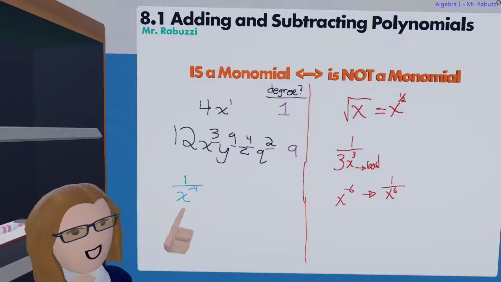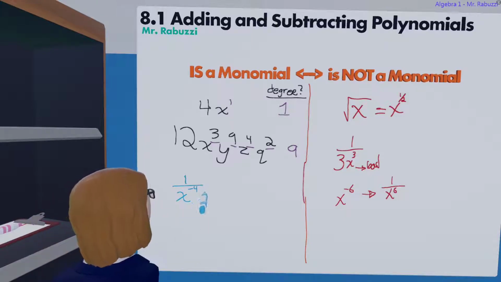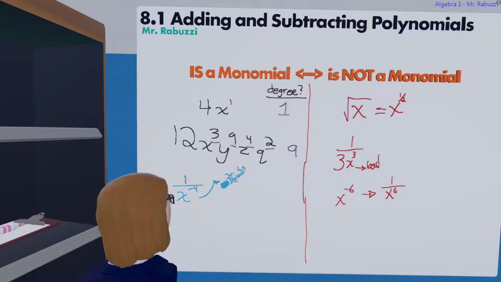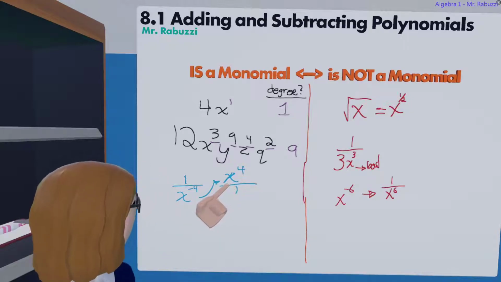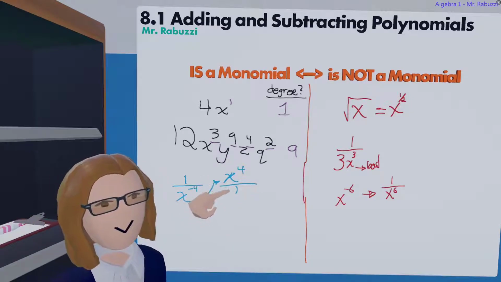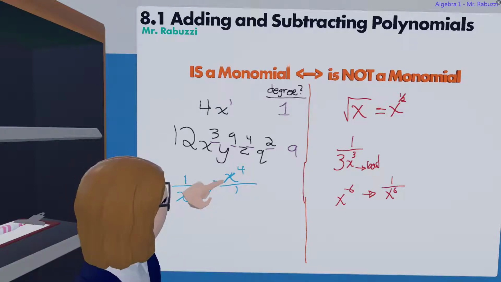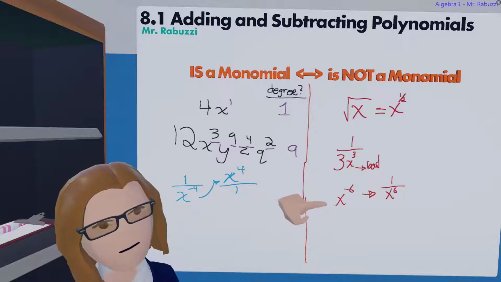But we have to check what that really means. So remember, a negative exponent, we have to move it to the other side. So it's going to go up top. The exponent's going to be positive now. And now that's okay, because we have our x on top of a fraction, in the numerator, not the denominator, and we're okay here.